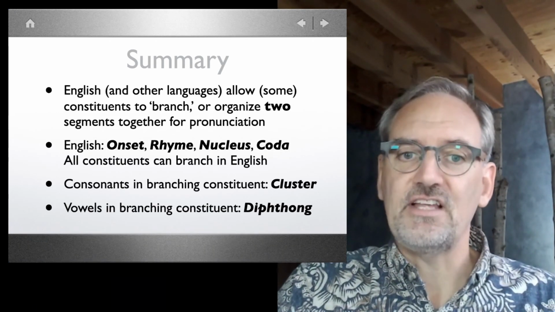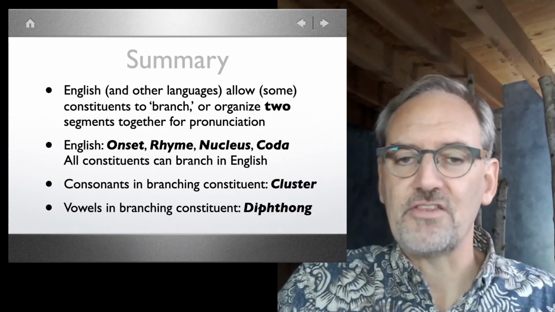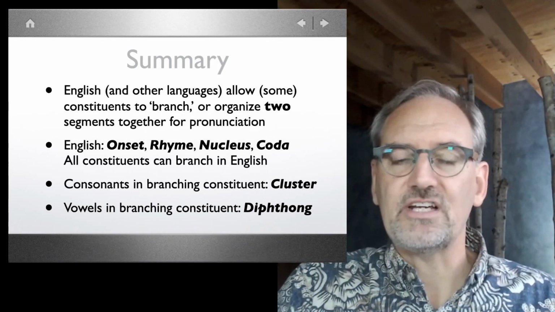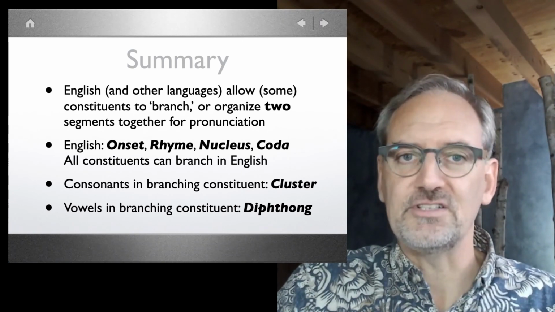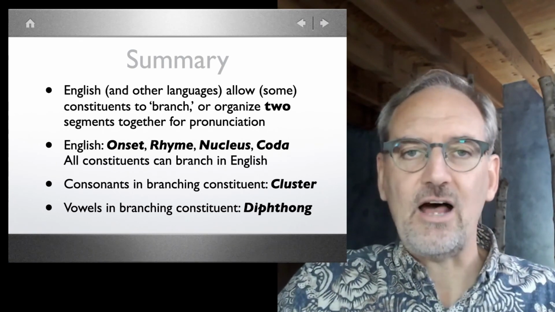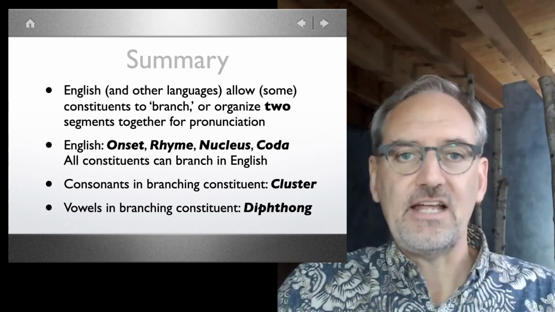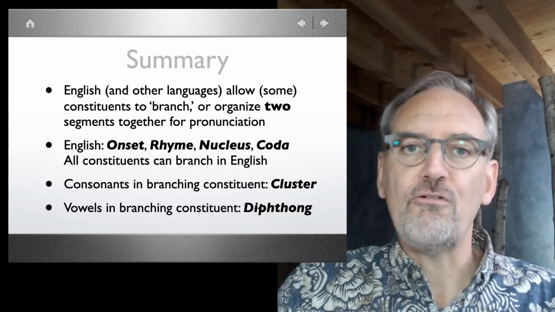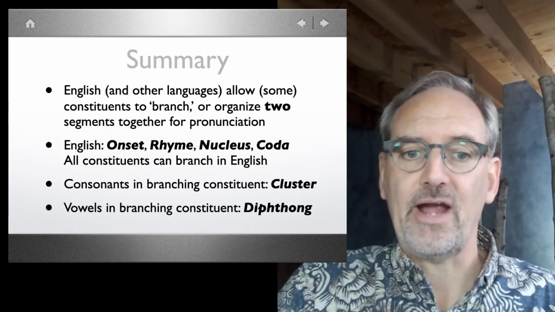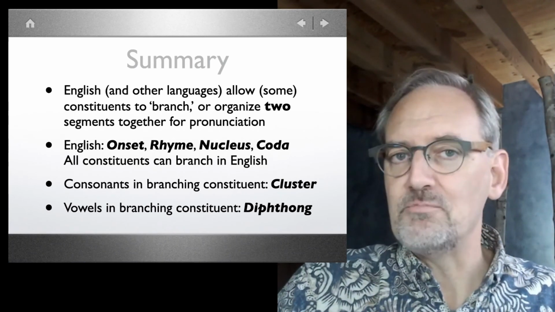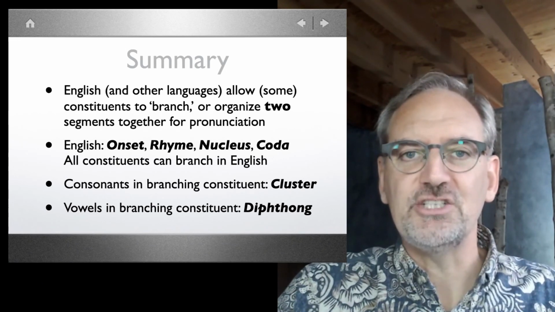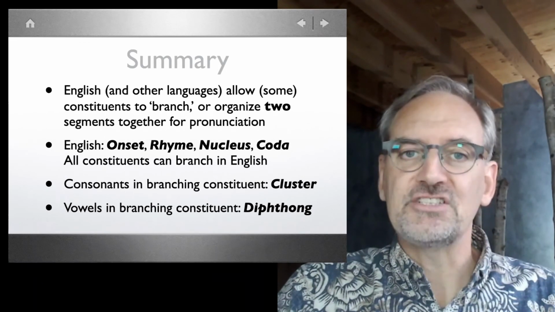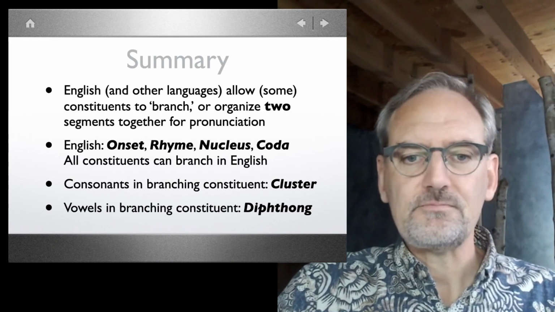Now, we saw today that English and a number of other languages allow some of the constituents to branch, to contain two segments, where other languages allow only one segment. And in English, it's all four constituents that may branch. It doesn't mean they must branch. There are many words where there's no branching constituents, but branching constituents are possible.